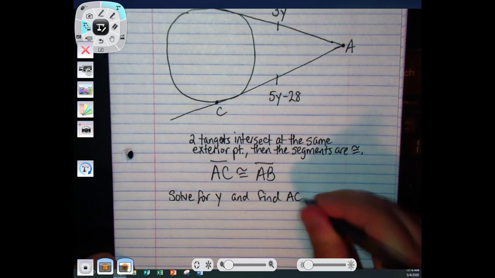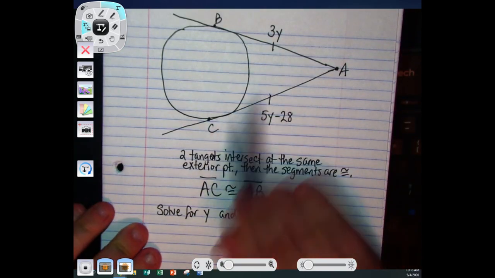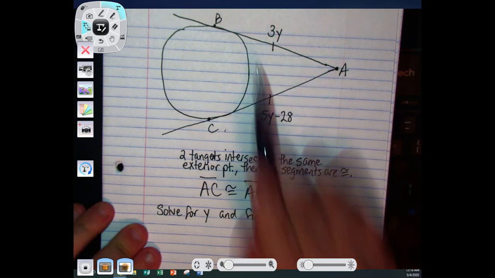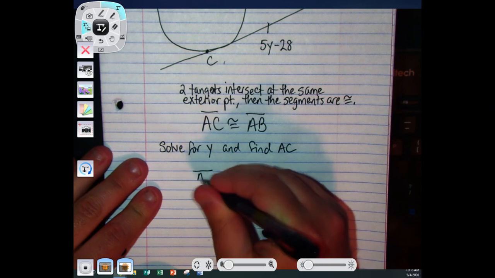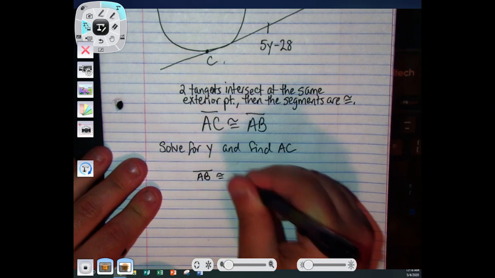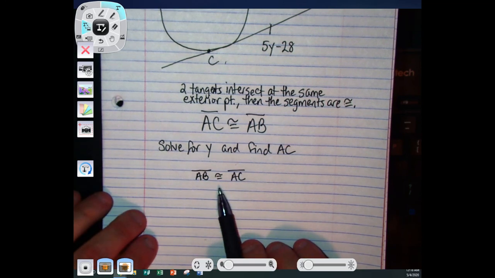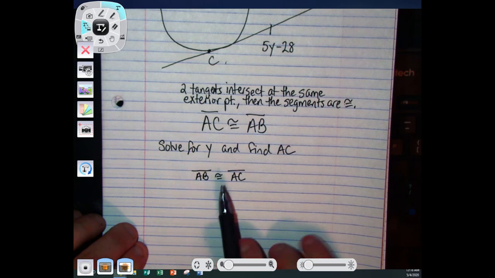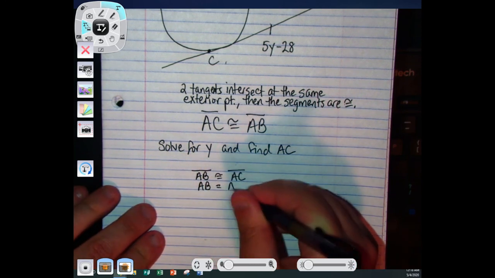Find the length of AC. Well, because these are two tangents and they intersect the same exterior point, we can say that these two are congruent. We've already established that. So if I say that segment AB is congruent to segment AC, remember that if two segments are congruent, then we know that their distances, their lengths, are equal. So we can say that AB is equal to AC.